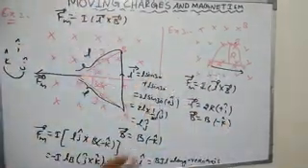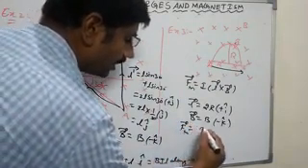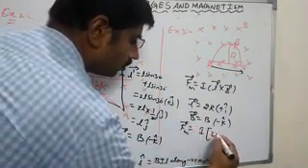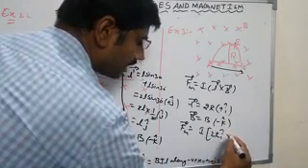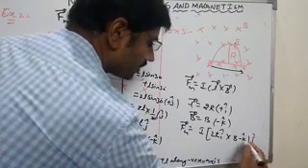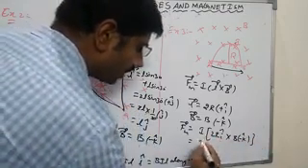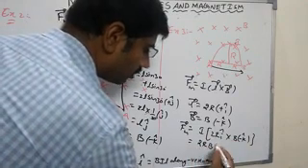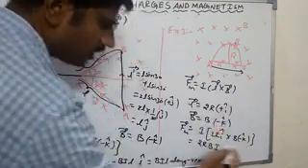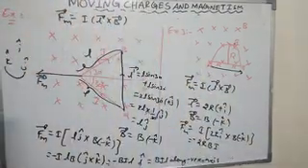Substitute all the values here. What will you get? Fm bar is equal to I into L bar, 2R i cap, cross B bar, B into minus k cap. Simplify it. You will get 2RB I, i cap cross k cap with a minus sign.